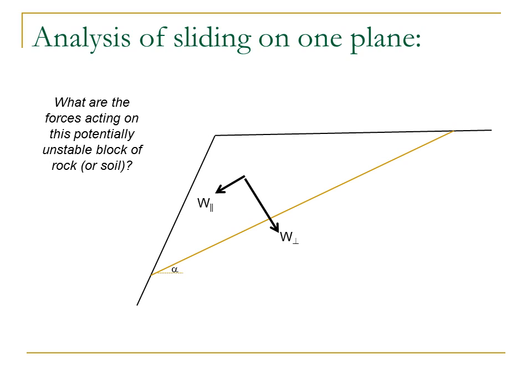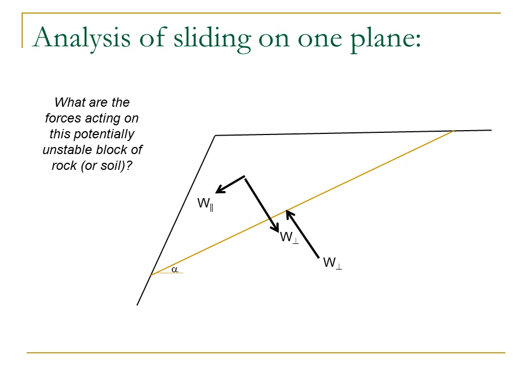But we need to look at all the other forces acting on the potentially sliding block of rock or soil. Another component would be the reaction force that is placed on the base from the rock beneath the potential slide.